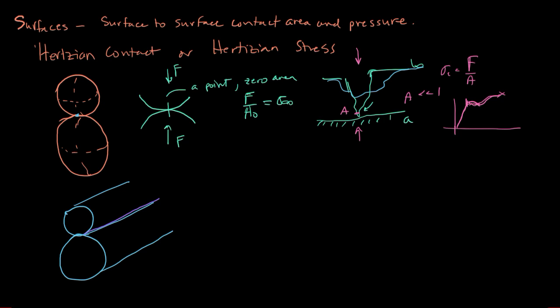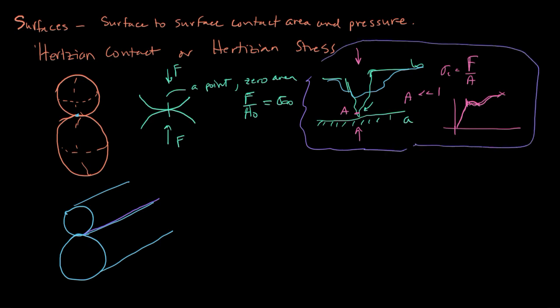Because of this phenomenon, when you have these pressures between surfaces, you actually get enough force to compress the material, and the material compresses enough so that you actually get increased contact.